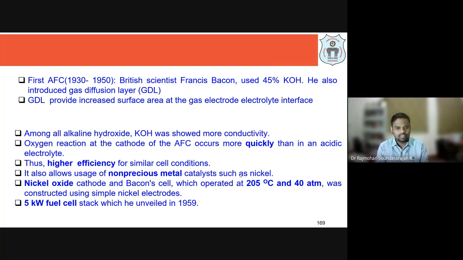So that way we can see the nickel oxide cathode in the Bacon cell, which operated even at a temperature and pressure of 205 degrees Celsius and 40 atmospheres. They were constructed using simple nickel electrodes. In 1959, a 5 kilowatt fuel cell stack was unveiled by him.